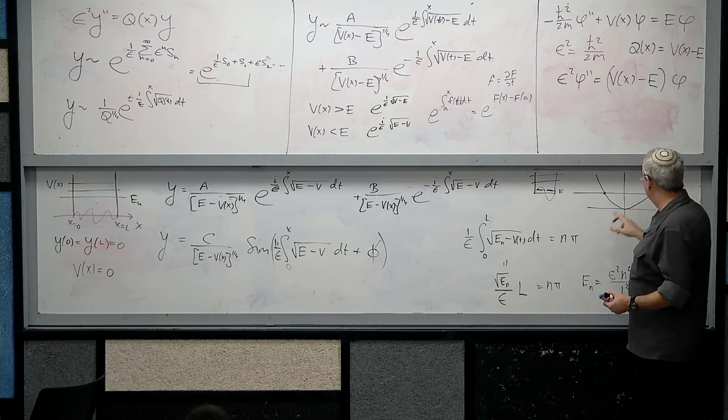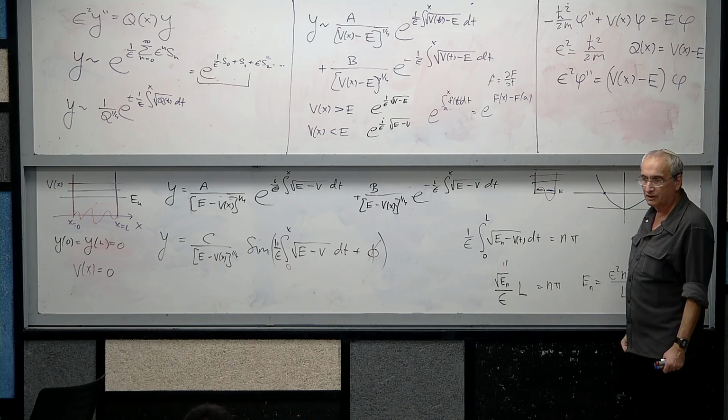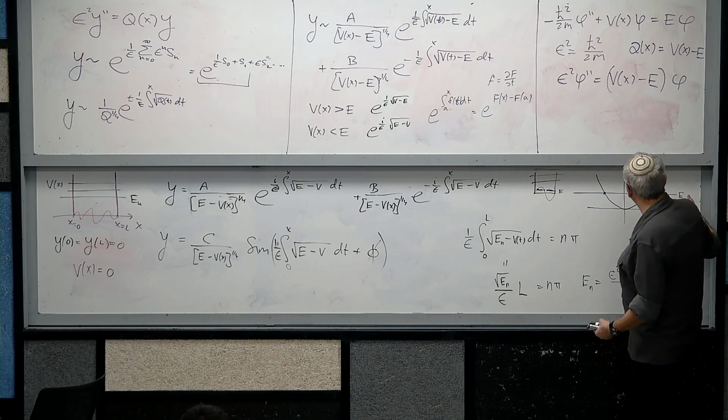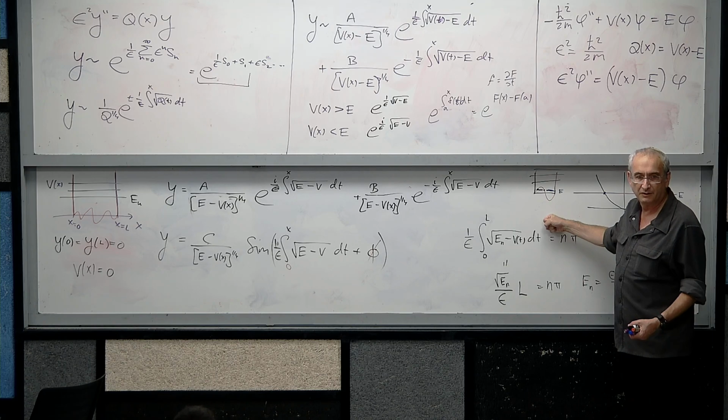And in these 2 points, the WKB diverges. The WKB asymptotic solution diverges, and because of that, I have no way to connect the right boundary condition with the left boundary condition. You see?